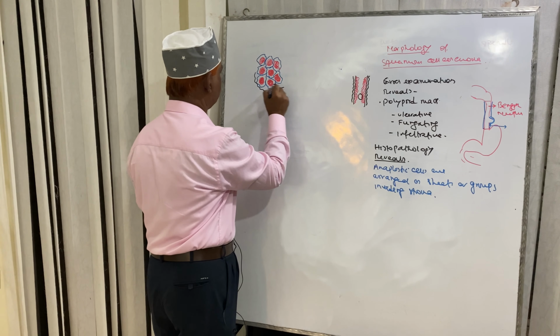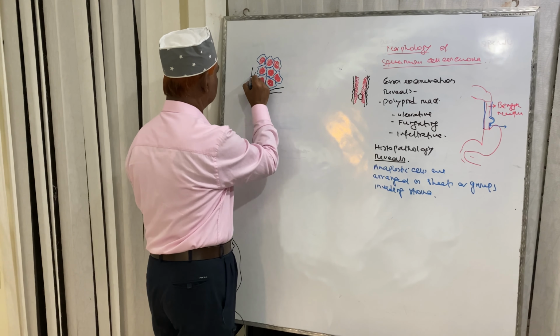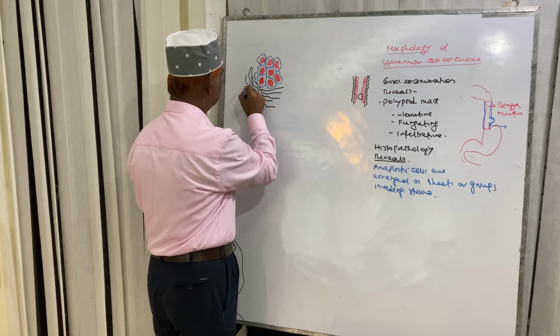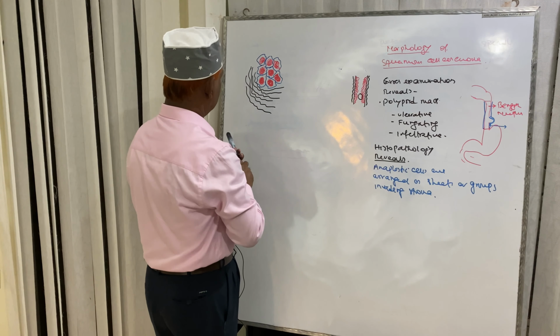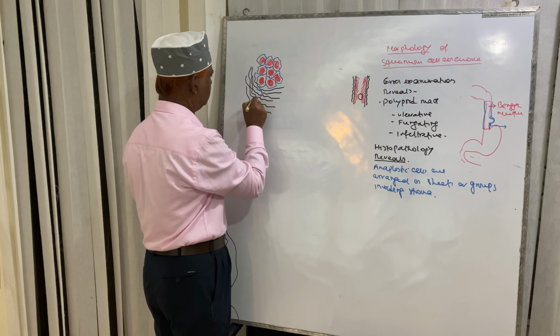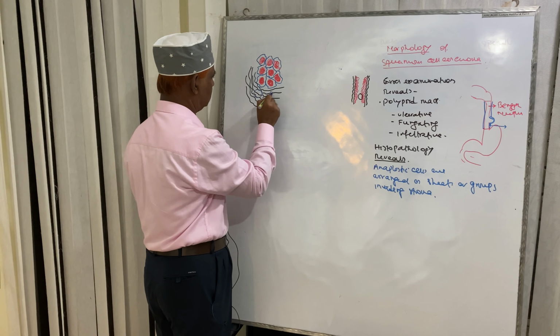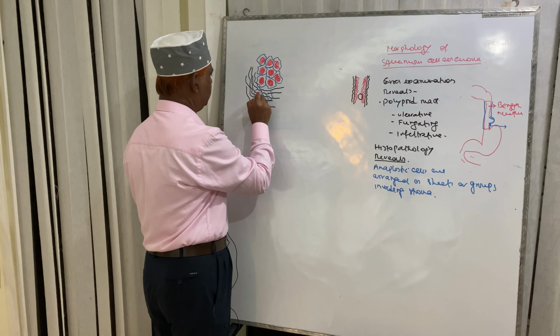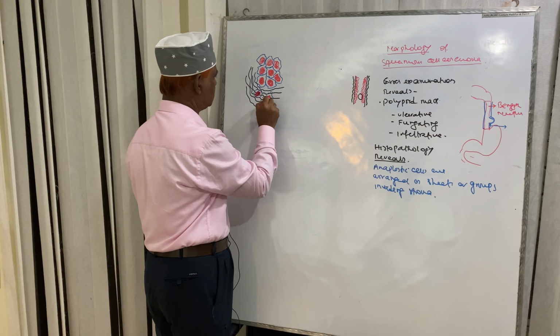If this is the stroma, the anaplastic cells may invade the stroma like this. This is the invasion of the anaplastic cells in the stroma.